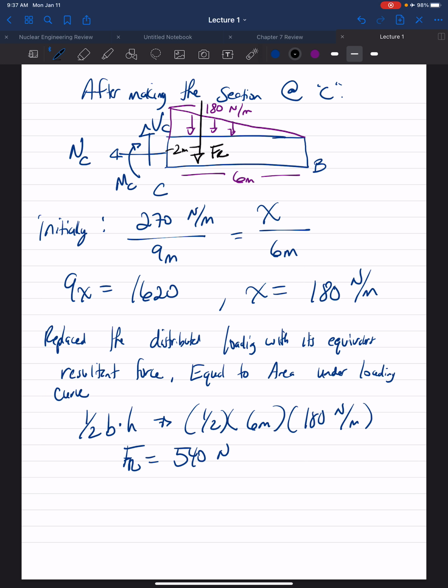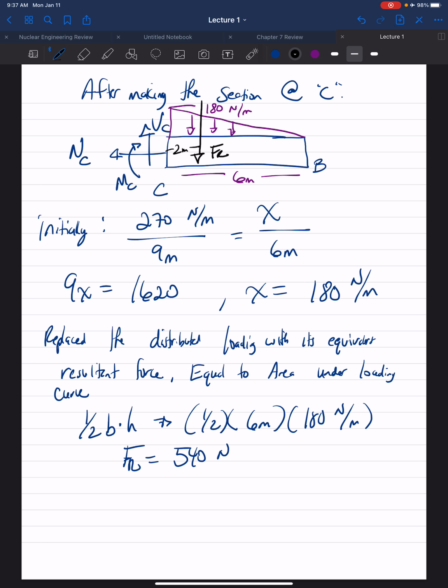So now we have to solve for our last unknown internal loading, which would be the bending moment at C. So to do that, we need to take the sum of all our moments at point C, which is another one of our equilibrium equations. So the sum of all our moments at point C must be equal to 0 for equilibrium. In this case, remember, counterclockwise direction is positive, clockwise is negative. So M_C in this case is negative.